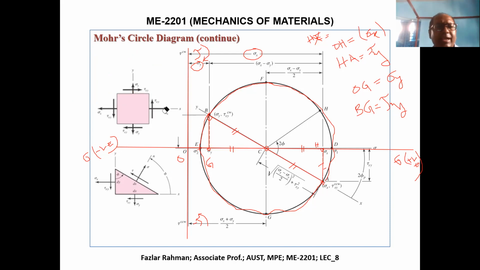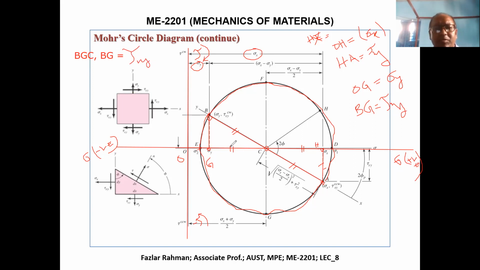If I use this triangle BGC, this right-angled triangle, right? And in this triangle, BG equals how much? BG equals tau xy. You see BG, so I just write down that BG equals tau xy.